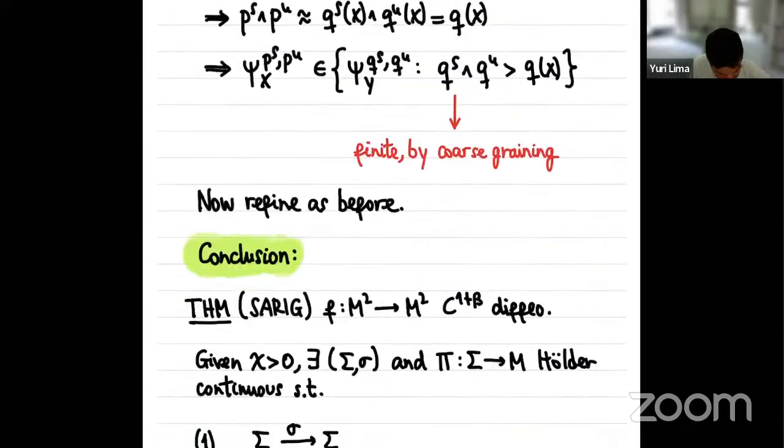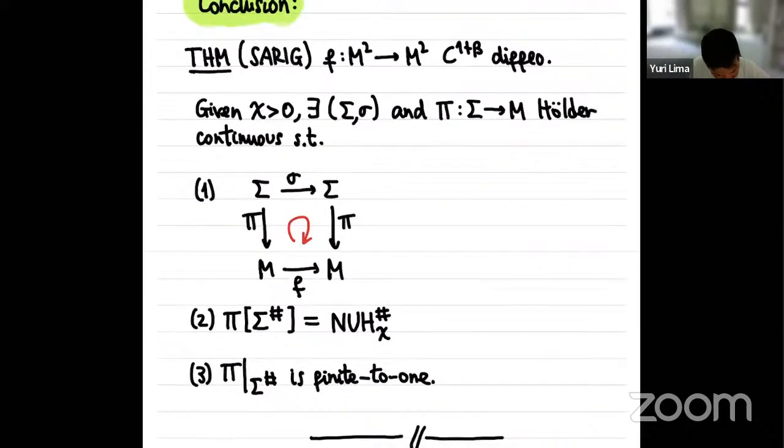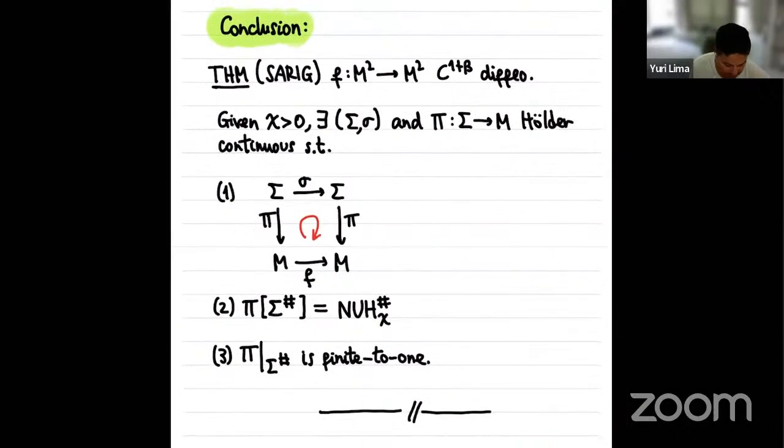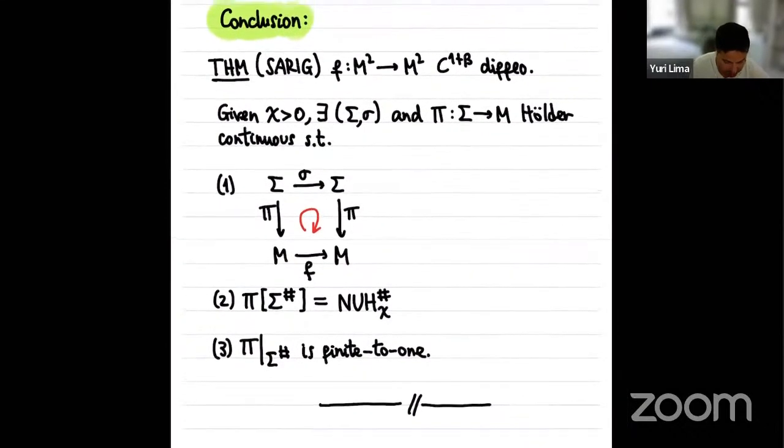And the conclusion is exactly the theorem that I stated in the middle of the talk, which is exactly the existence of the Markov partition, which generates this coding, which is finite to 1 if you restrict the map only to the recurrent subsequences of your symbolic space. And furthermore, the image is exactly this subset here.